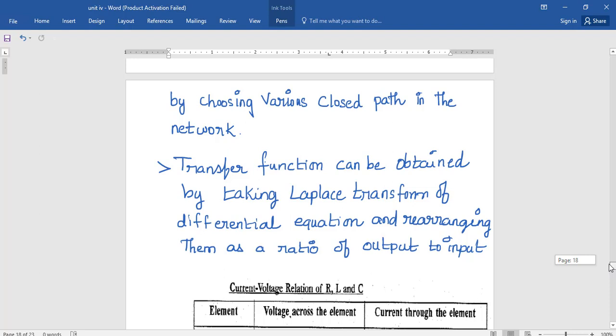Transfer function is nothing but the Laplace transform of output by Laplace transform of input at zero initial condition. That means we need to get the input and output equation for an electrical system, and if you take the ratio of output by input, it will give you the transfer function of an electrical system.